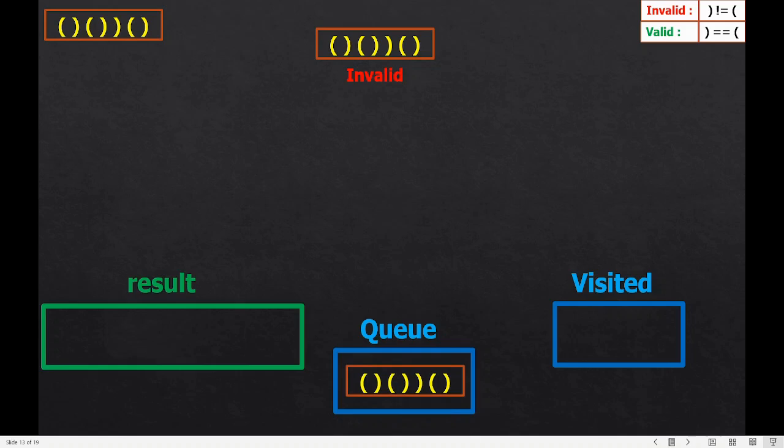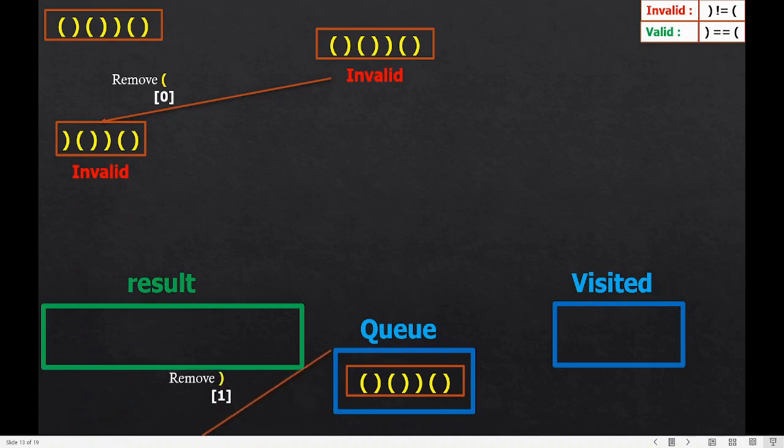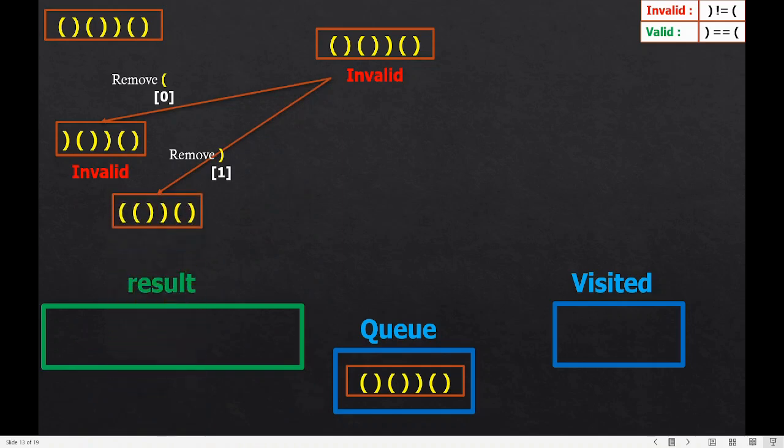If it was valid, then it would directly be placed into the result list, and this would be the final result. Now first of all, if we remove the 0th index, we will get this one, and as this is an invalid expression, we have marked it. Now if we remove the first index, we will get this. Here this is a valid expression, so we will mark it as valid. Since it is valid, we are going to place it into the list of results.